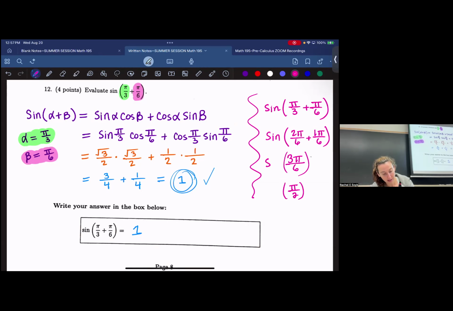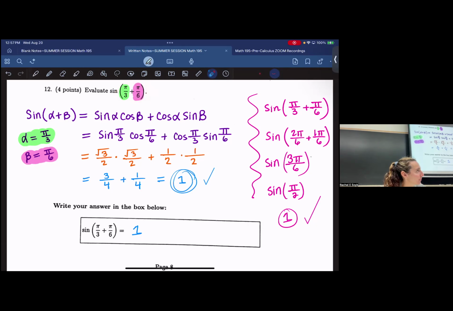And we know that sine of pi/2 is just 1. This won't work all the time, but you should go down that avenue first because it will save you time.